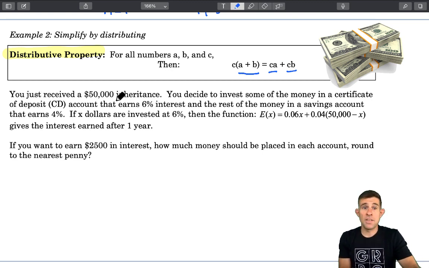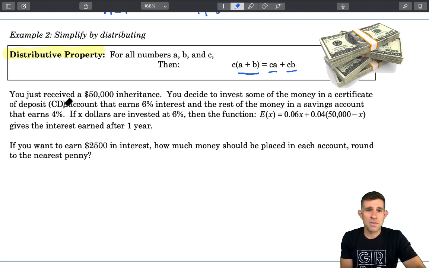You just received a $50,000 inheritance. Woohoo! You decide to invest some of that money in a certificate of deposit, also known as a CD, and it earns 6% interest. The rest of the money is going to be deposited into a savings account that earns 4% interest.